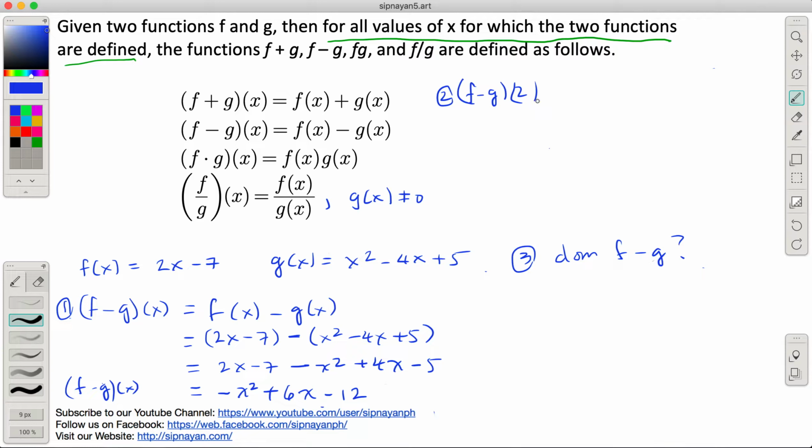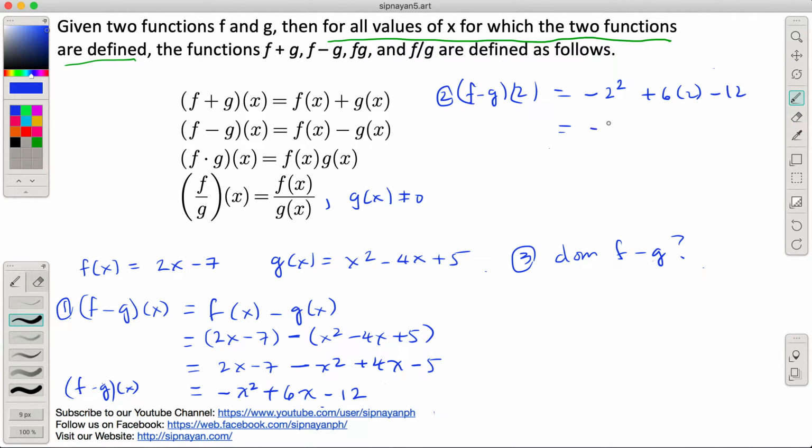Now, yung f minus g of 2, pag nakuha mo na yung f minus g of x, papalitan mo lang to ng 2 lahat ng x dito, di ba? So, this is f minus g of 2 is equal to negative 2 squared plus 6 times 2 minus 12.